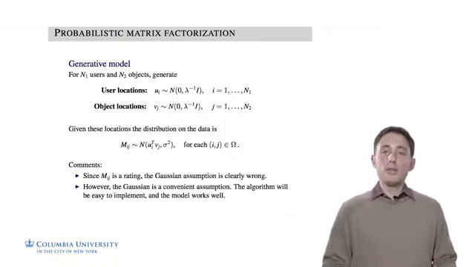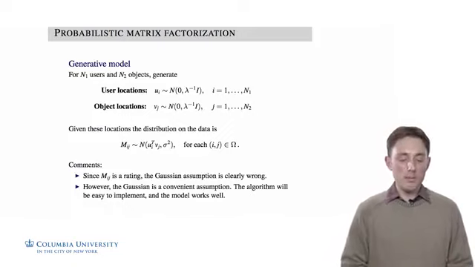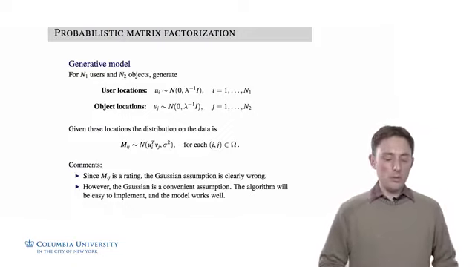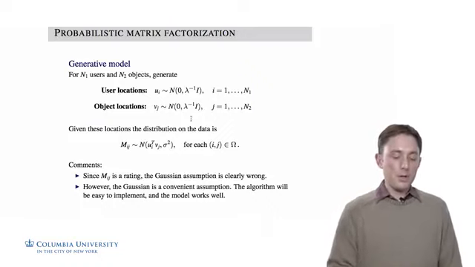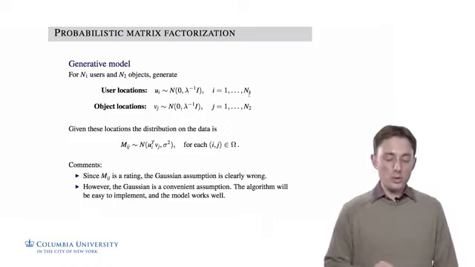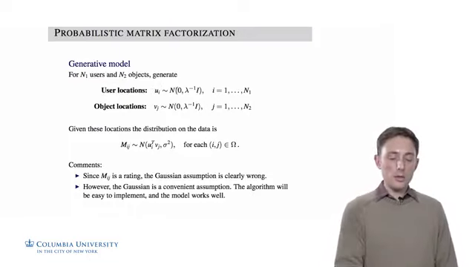What probabilistic matrix factorization does is assume a generative model, which is why it's called probabilistic. It assumes a generative model for the data that goes like this. For each of the n1 users, we assume that their location in R^d is generated from a zero mean Gaussian with some covariance.